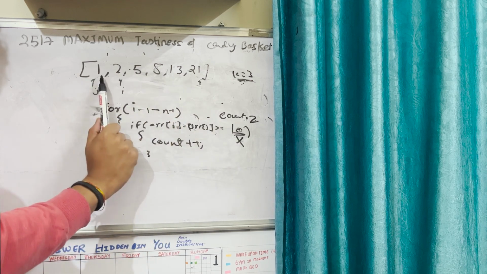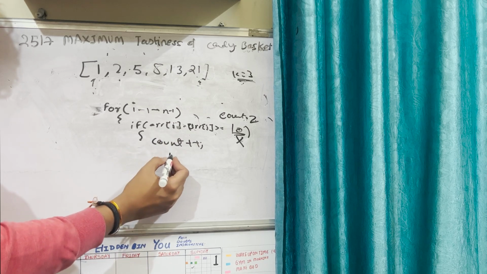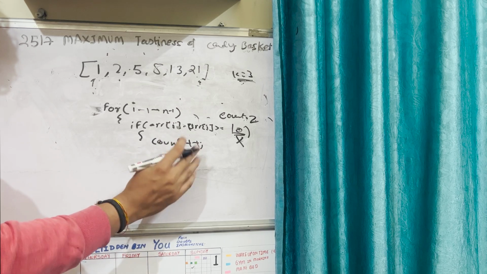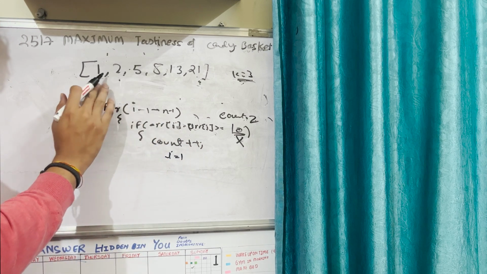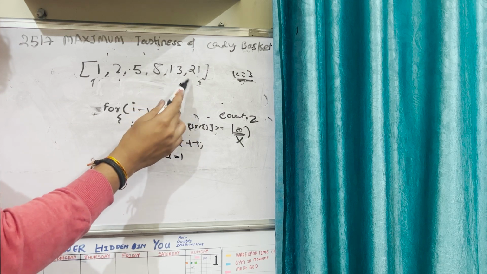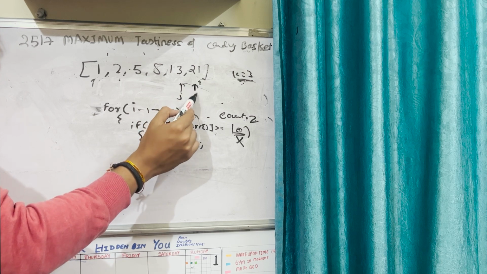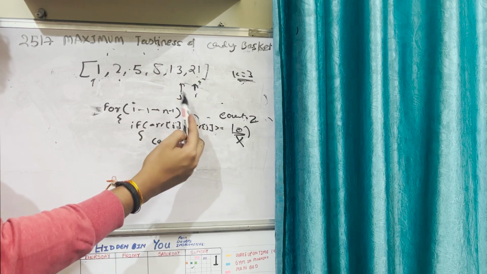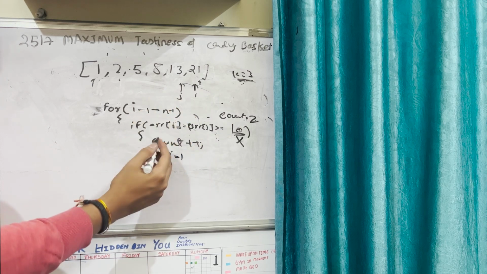Then if this is possible, you'll update I equals J, as J will point here. I will search from the next iteration, which will be 8. So that is not possible, count will return 2.